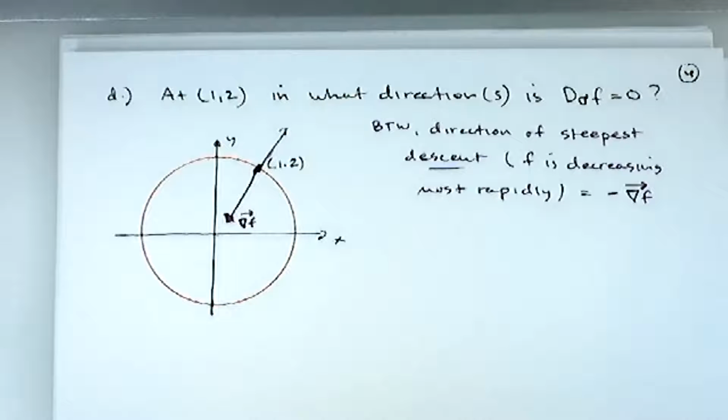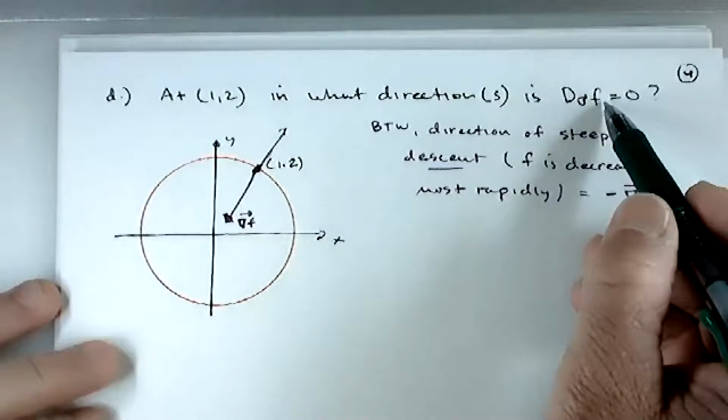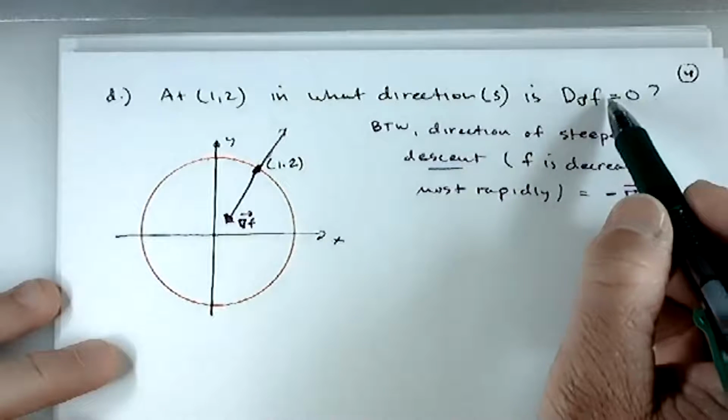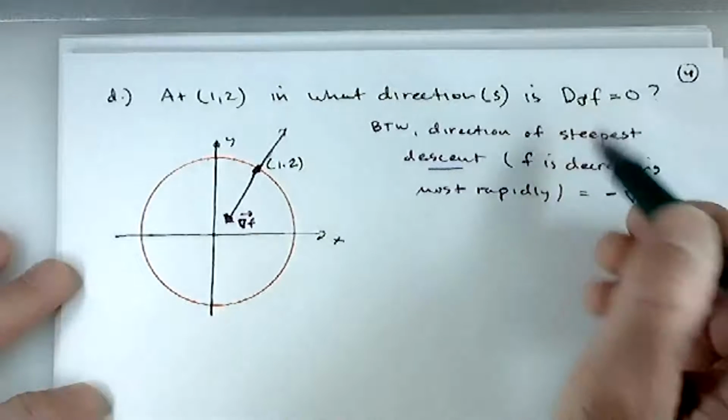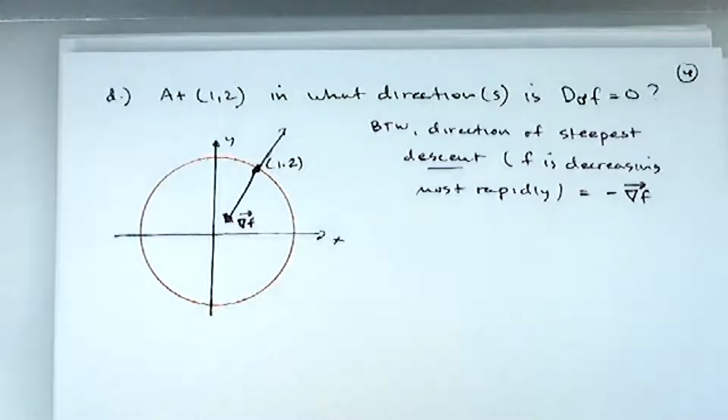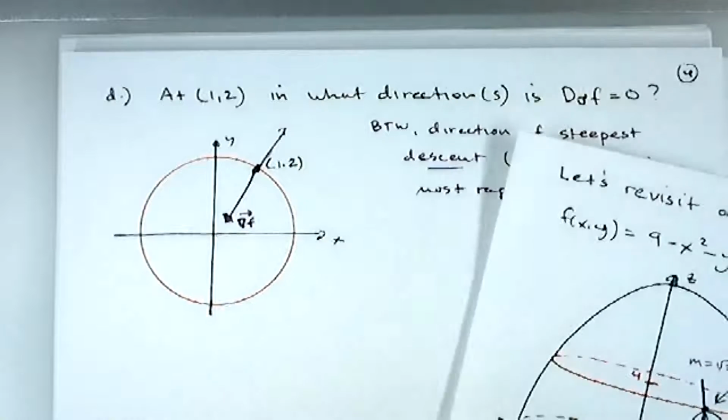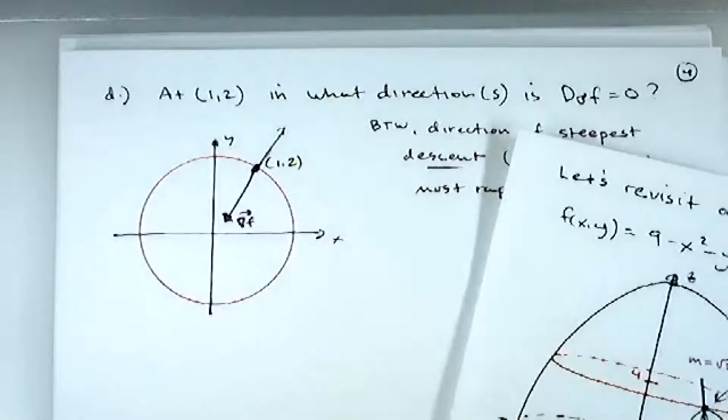But the question I wanted to pose here is, what direction should you be moving in so that your derivative is equal to 0? So that you're not going up or down. Well, if you think about it, remember this red circle that I've drawn?